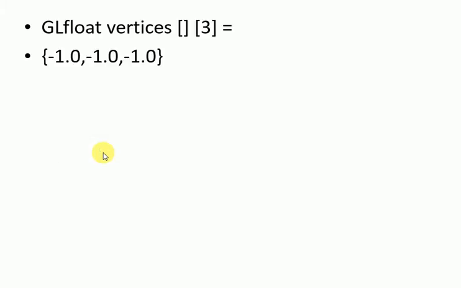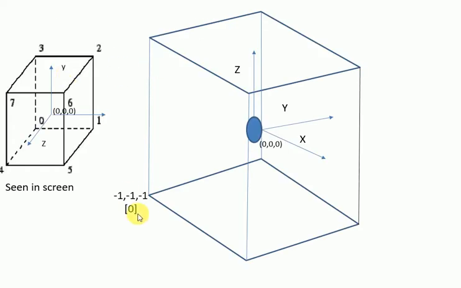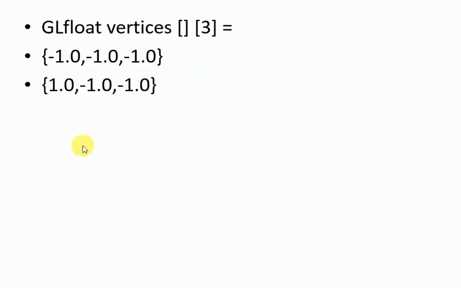Now let us take the vertices. Initially let's consider -1, -1, -1. So x is -1, y is -1 and z is -1, and seen on the screen the 0 is here. So it will be -1, -1 and -1. And then next 1, -1 and -1.